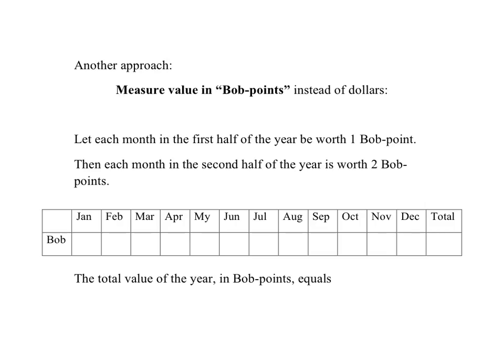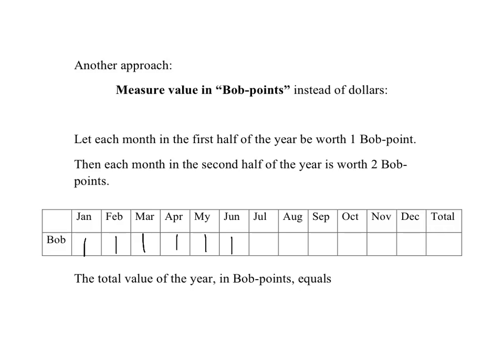Here's what that means. Every month is worth either $6,000 to Bob or $12,000 to Bob. So let's take the less valuable months, the months in the first half of the year, and declare each one to be worth 1 Bob point. So in Bob points, January, February, March, April, May, and June are each worth 1 Bob point.